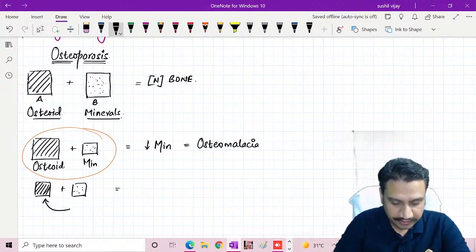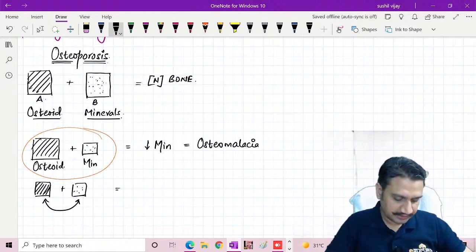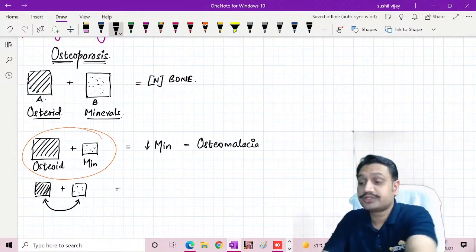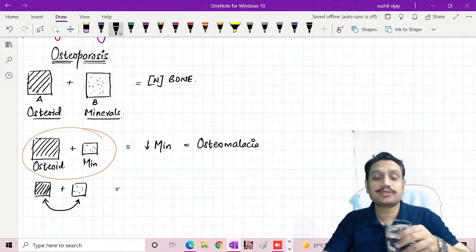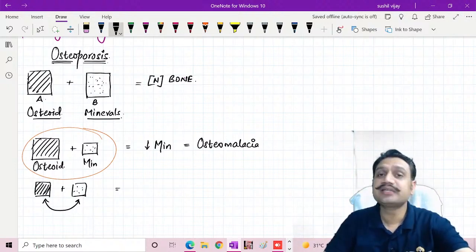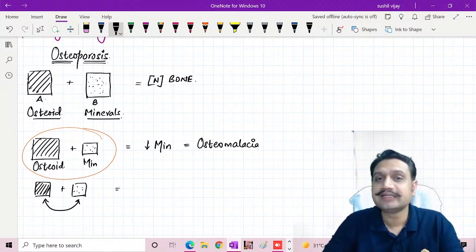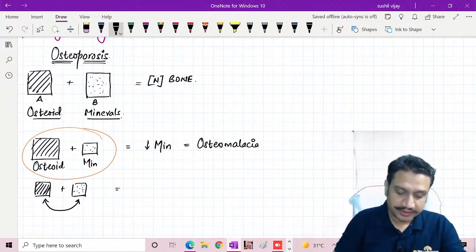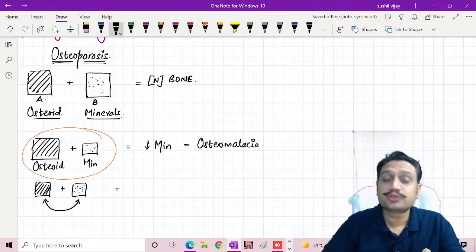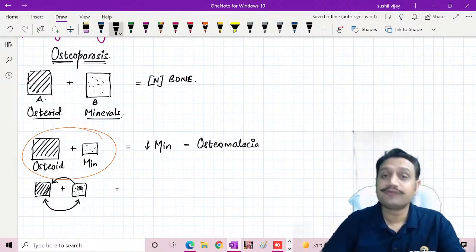What is happening in the lower picture? In the lower picture, the osteoid is also reduced and the mineral is also reduced. Both the things are reduced. But the point is, this reduced quantity of mineral is sufficient to mineralize this reduced quantity of osteoid.